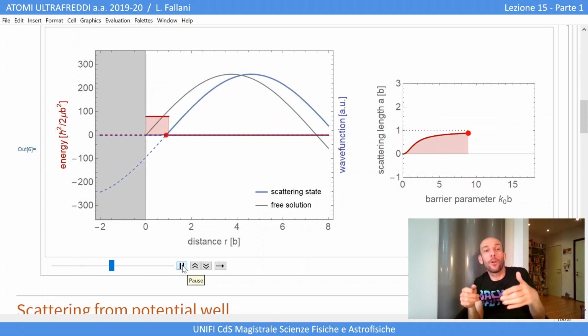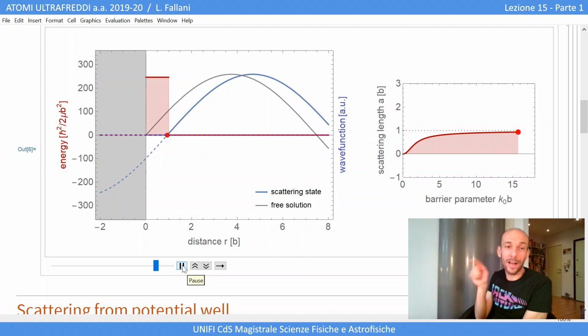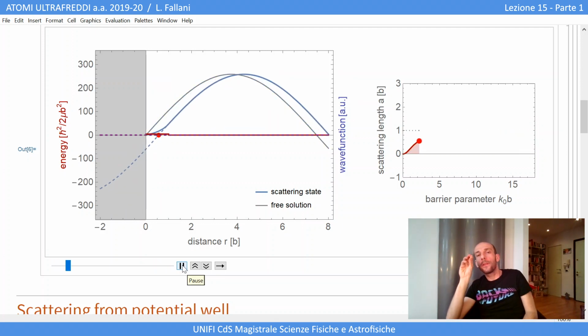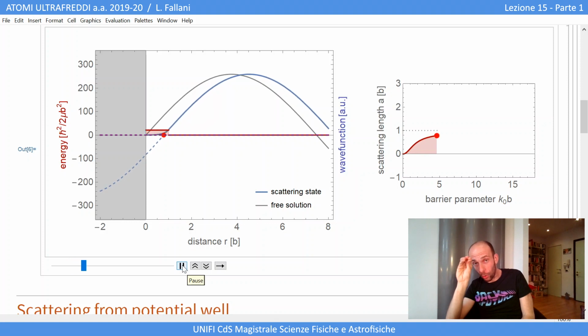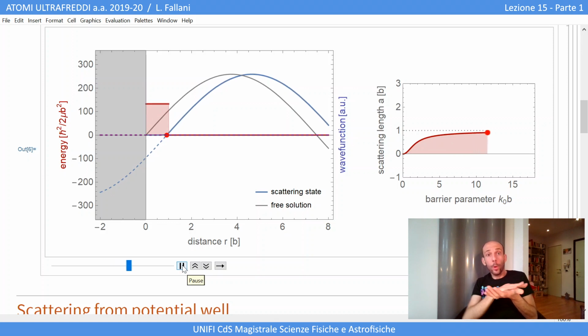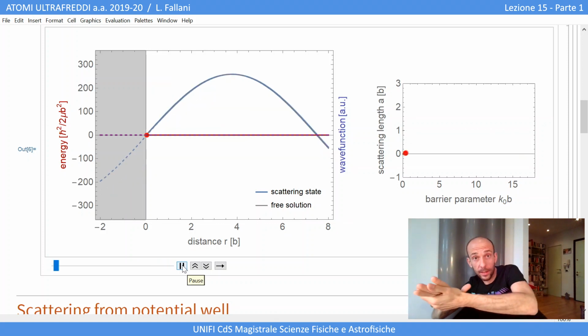So this is the case of a positive scattering length. And the scattering length is the red point that you see in the plot on the left. And this red point is the intersection of the extension of the scattering state, that is the dashed line, with the axis. So it is the distance from the origin at which the extension of the scattering state becomes zero.